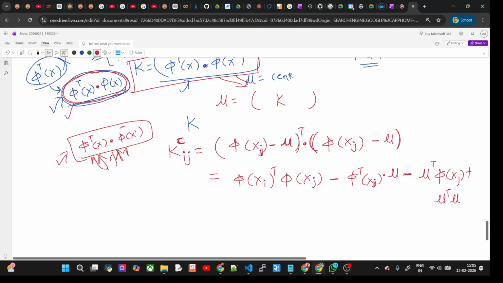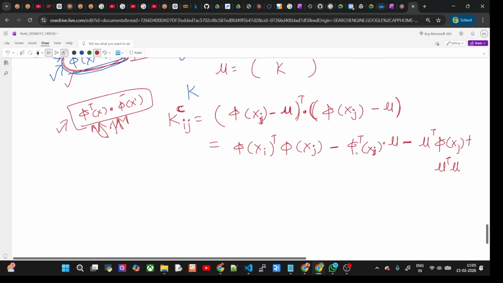But the point now is, the first term is your kij, the complete original kernel. This is one term, this is one term, and this is one term.